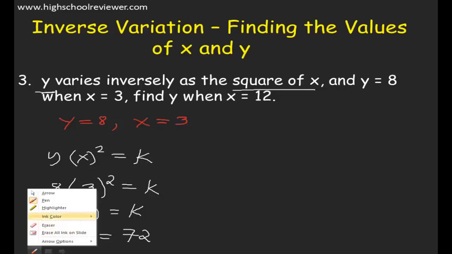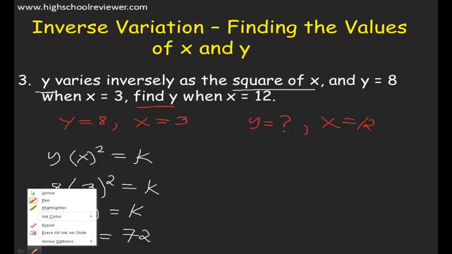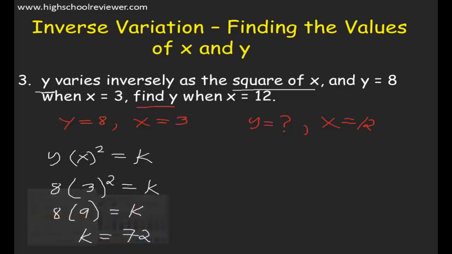And now for the second values of y and x. So again, we are going to find for y. So y is the unknown when x is equal to 12. We will use the same equation, and that is y multiplied by x squared equals k.